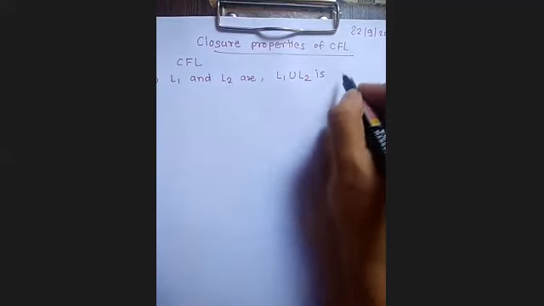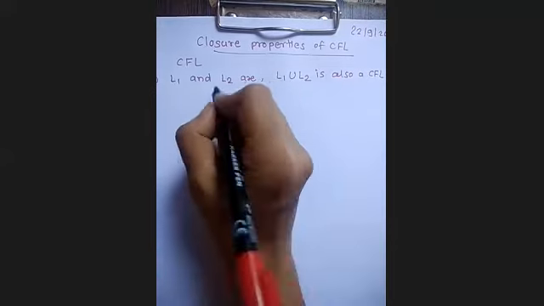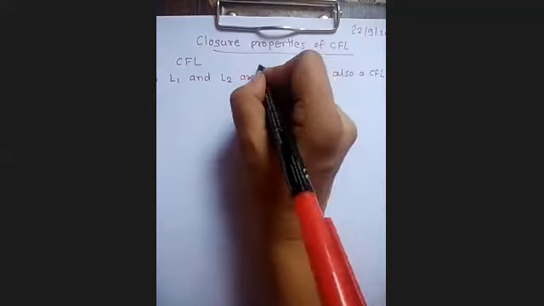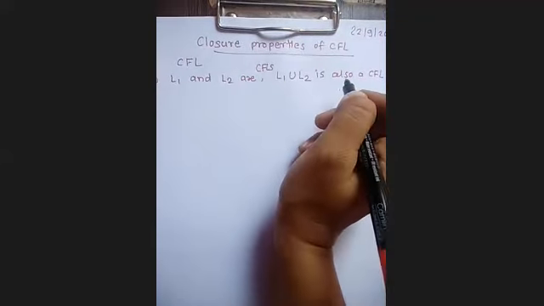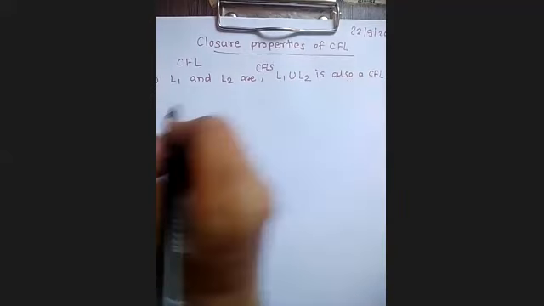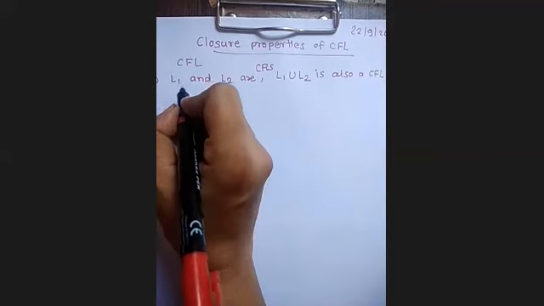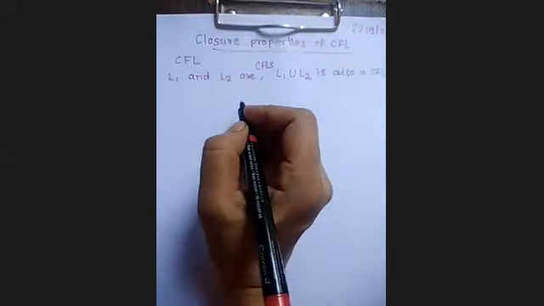So what is the theorem that we have to prove? If L1 and L2 are CFLs, then their union is also a CFL. So in other words, what is this theorem? CFLs are closed under union.